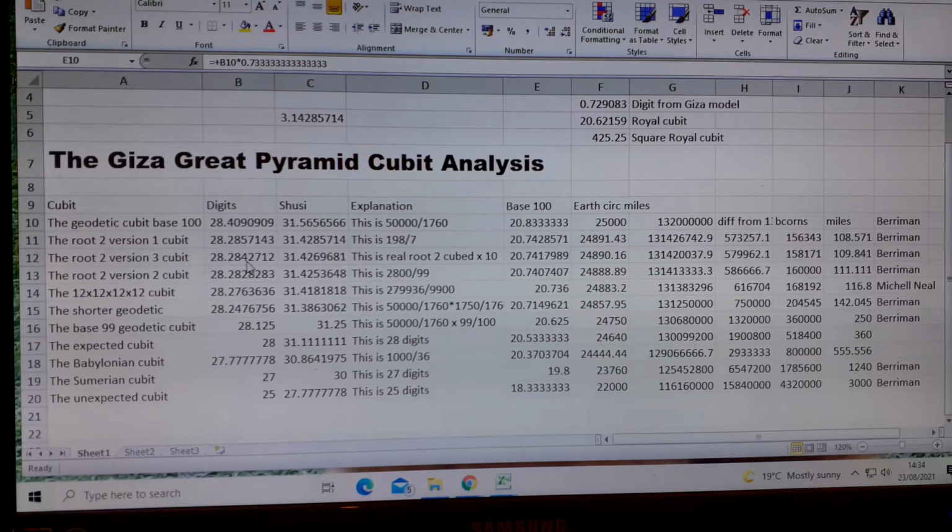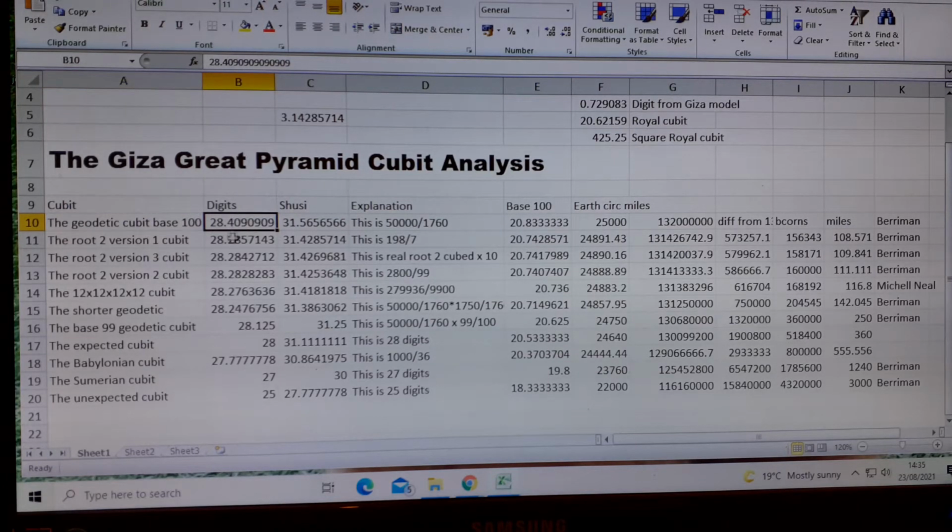So this is an amazing spreadsheet, and it's one I've put together to show that this idea that there's one key cubit that gives the answer to everything at Giza is just not on. Because there are loads and loads of different methods of arriving at cubits. The basic one is the geodetic cubit base 100 that we've talked about, and it's this one here.